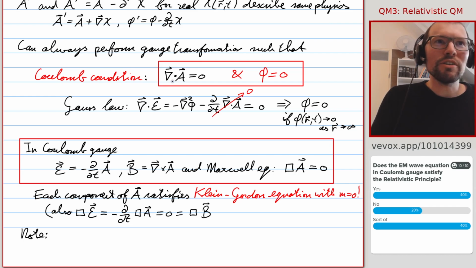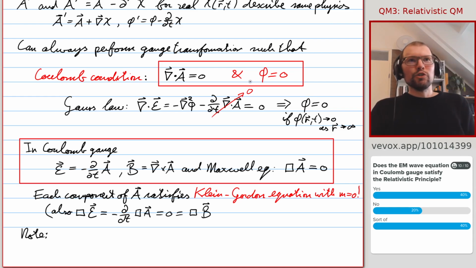This is not a covariant gauge because my scalar potential vanishes. If I boost to another frame, that mixes the scalar potential with the vector potential, so then it's not going to vanish anymore. So in that sense, one could argue that no, this does not satisfy the relativistic principle.